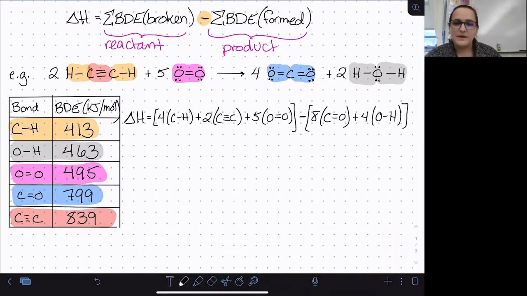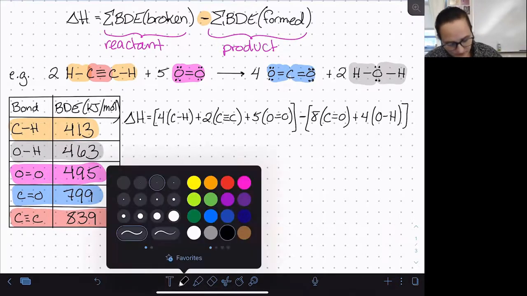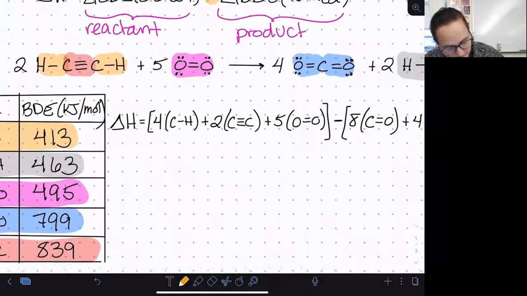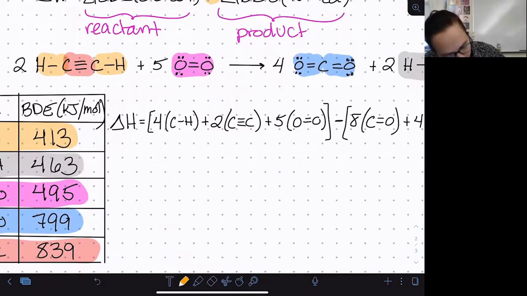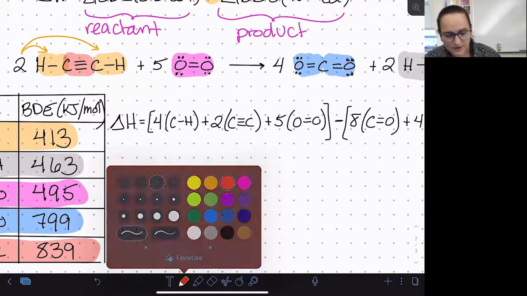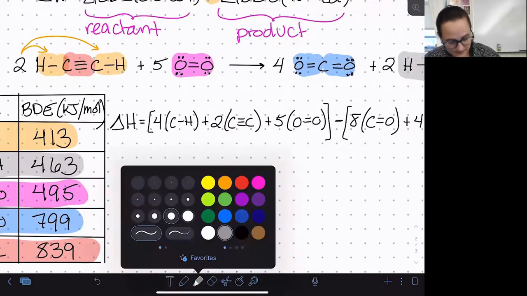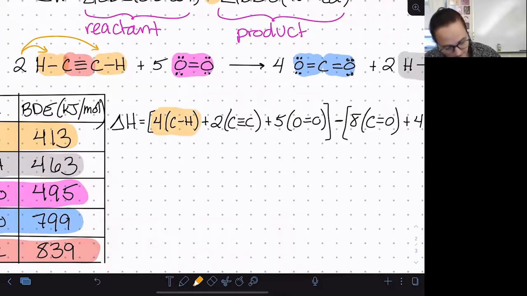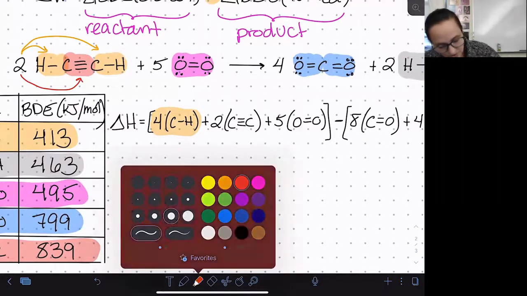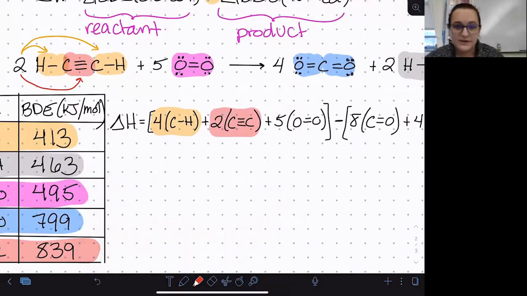So once we've taken inventory of what we have, a reminder: we have 2 moles and 2 bonds in each molecule. So 2 times 2 gives us our 4 CH bonds in total. This coefficient of 2 times the 1 carbon-carbon triple bond gives us a total of 2 of that type of bond.